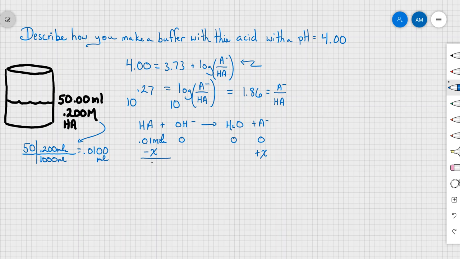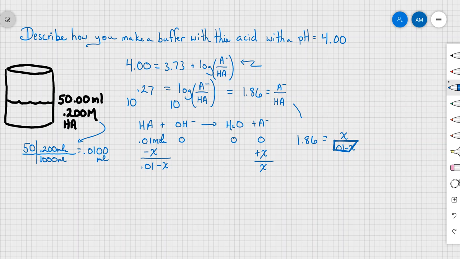So what we end up with is 0.01 minus x, and this will be just x. So we're going to use this equation and basically say 1.86 must equal A minus, which is x, over 0.01 minus x.